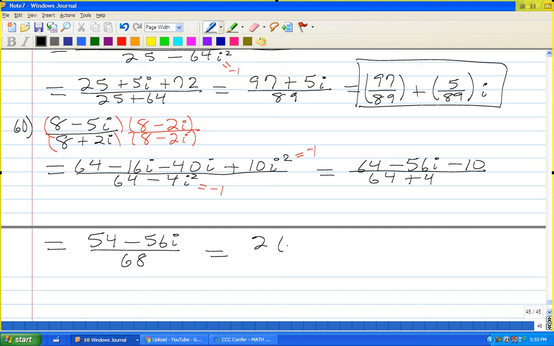Let me factor out a 2, so I get 27 minus 28i over 34. Let's divide both numerator and denominator by 2.